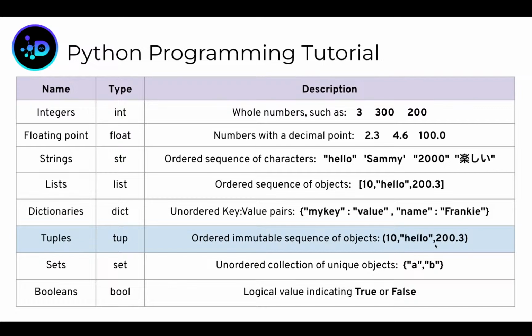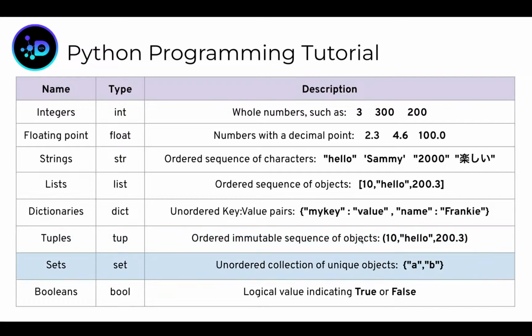Now, the major difference between lists and tuples is that with lists you can modify whatever you want. For example, you can add to this list, you can remove this 200, you can add more numbers. That's basically what you can do with lists, all right? But tuples are immutable, right? You can't modify them.